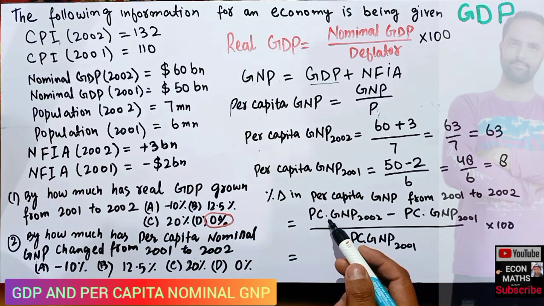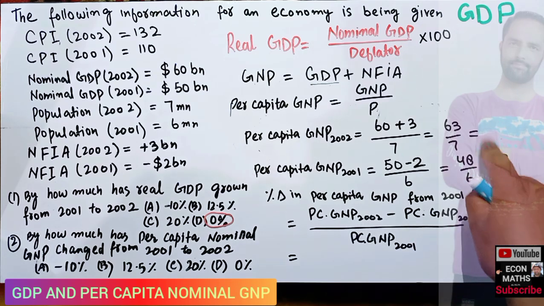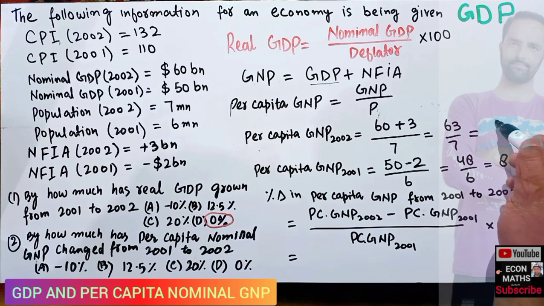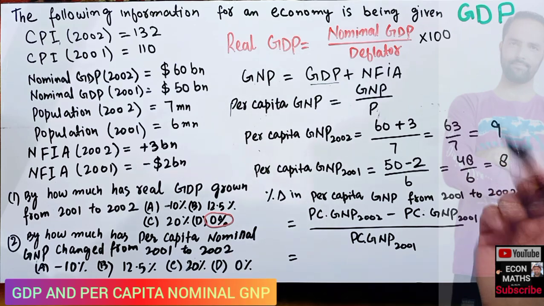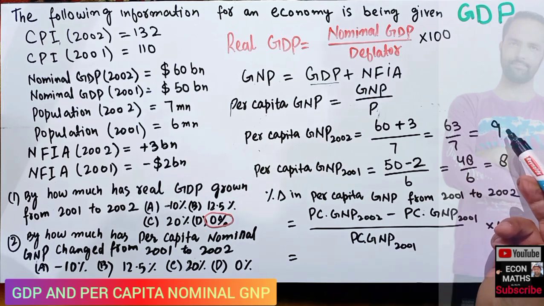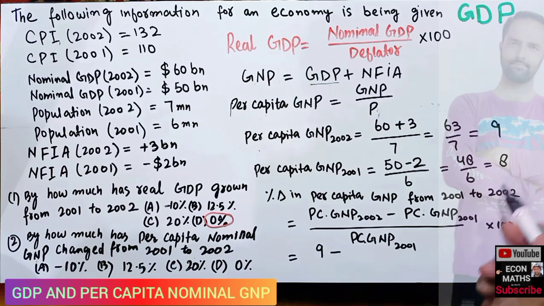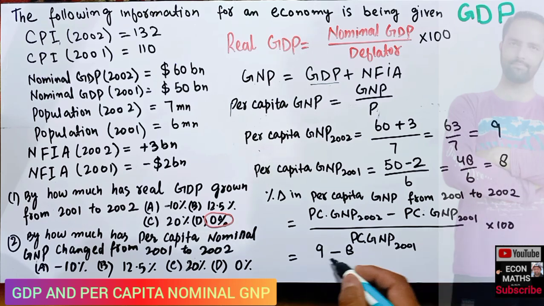So per capita GNP in 2002 was, it is actually 9, sorry, these are random mistakes, I apologize for them. So in 2002 we have 9 minus per capita GNP in 2001, which is 8, divided by 8.